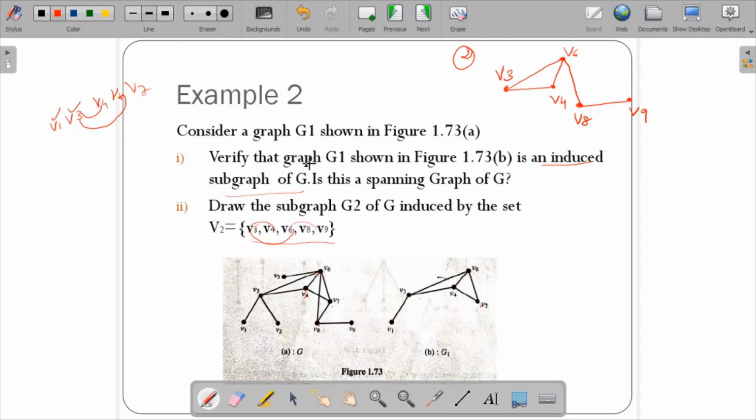For the first one, I'll write the theory part here. We need to write the theory.